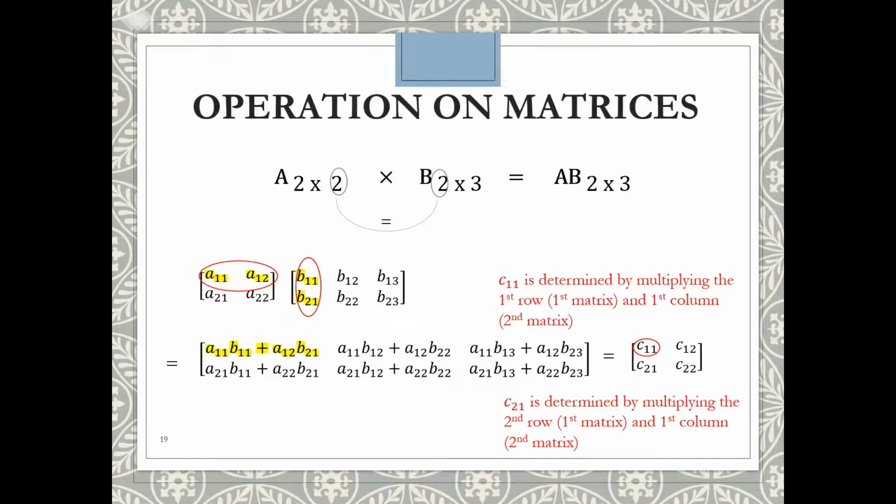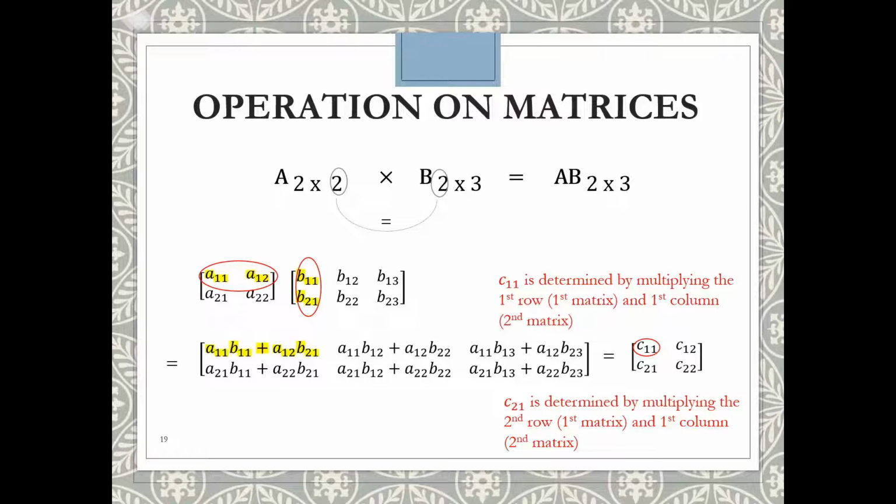In order to calculate the answer for each element, refer to the double subscript which indicate the row and column need to be multiplied. For example, C11 is determined by multiplying the first row of the first matrix and the first column of the second matrix.